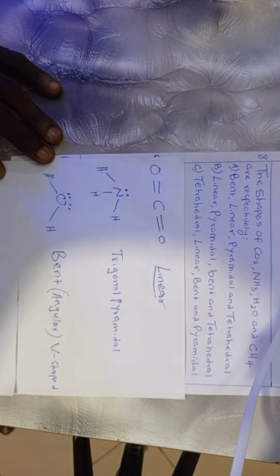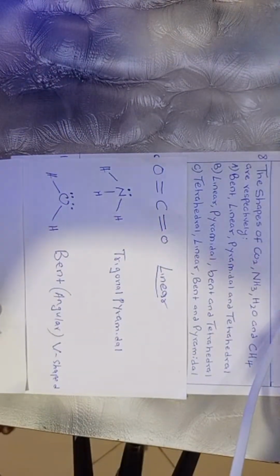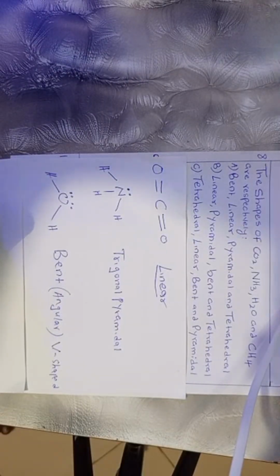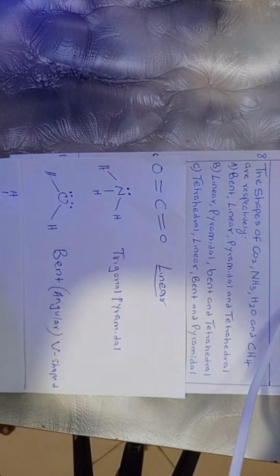So the water molecule is bent. What about the next molecule, CH4, that is methane? It is drawn just like this. You have C, H, H, H, H. So methane is tetrahedral. All right, so that's fantastic.